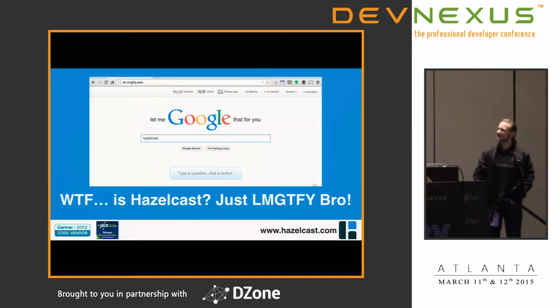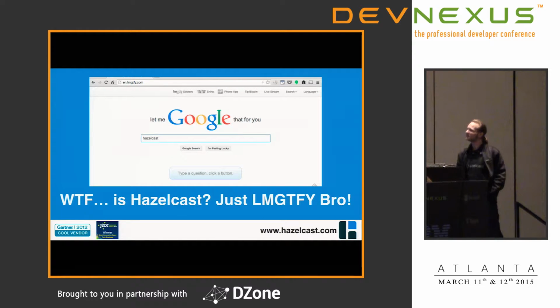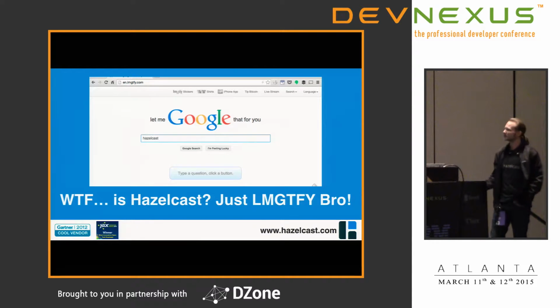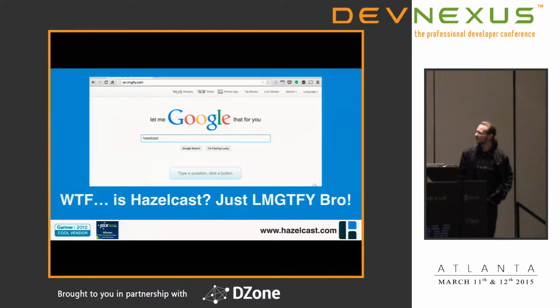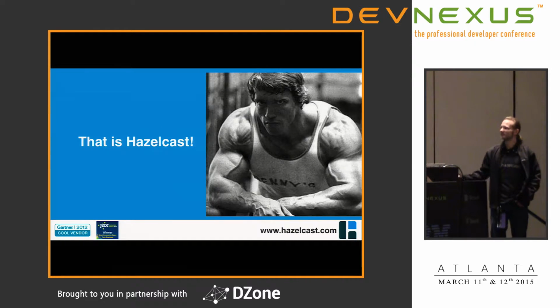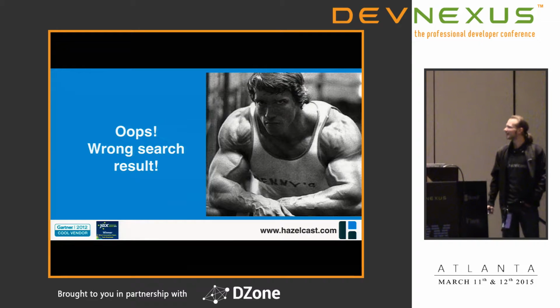Okay, since I'm working for Hazelcast, let's quickly have a run through our own system. I'm a bit reckless in sneaking it in. But to go through the examples, I guess it's good to have at least a slight overview. Okay, so let's Google it. What is Hazelcast? Well, obviously it's not that.